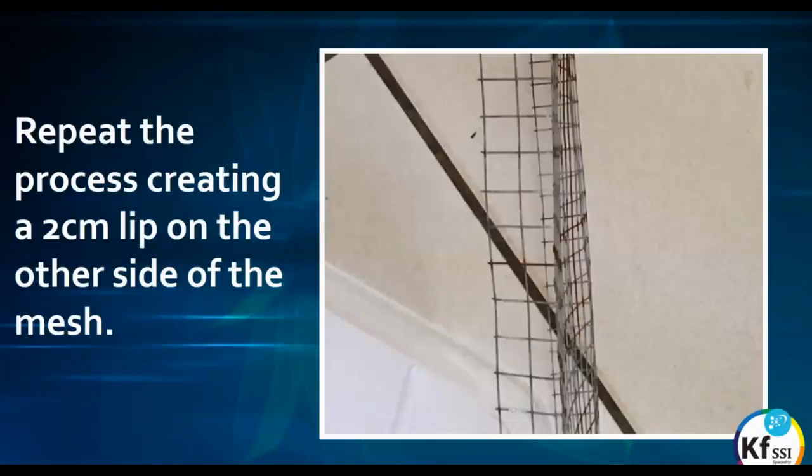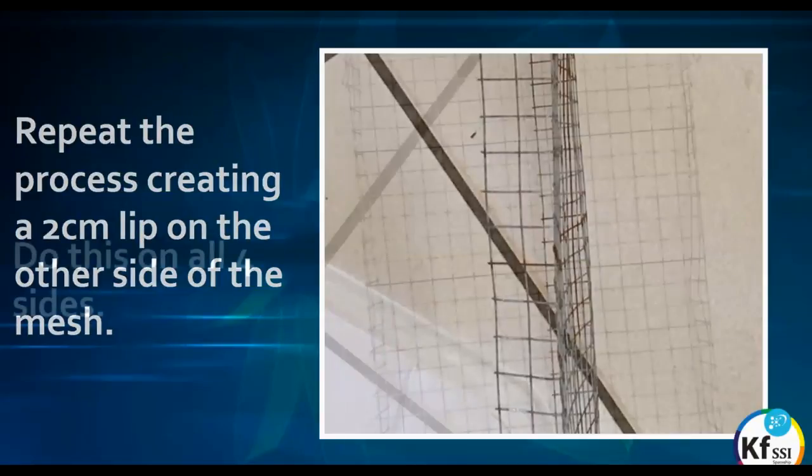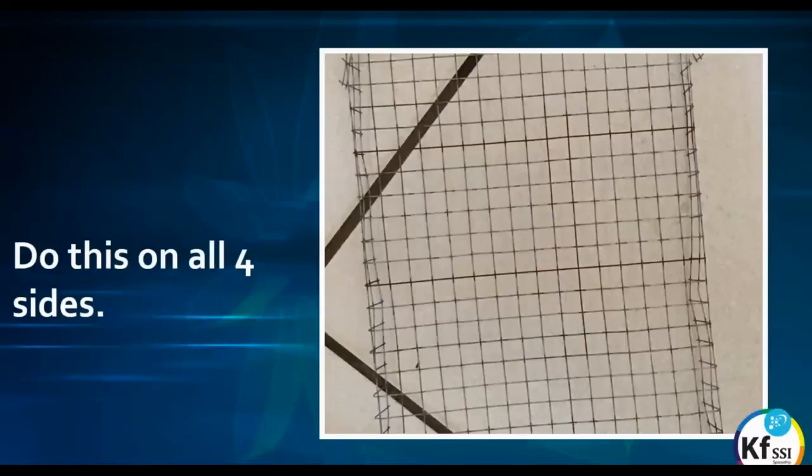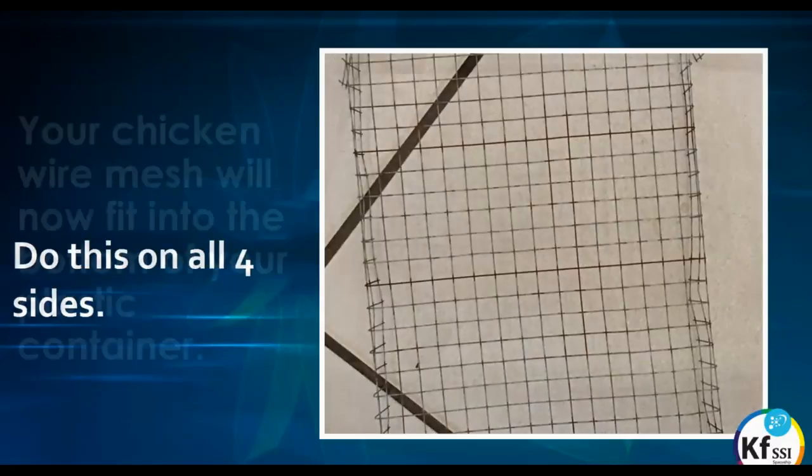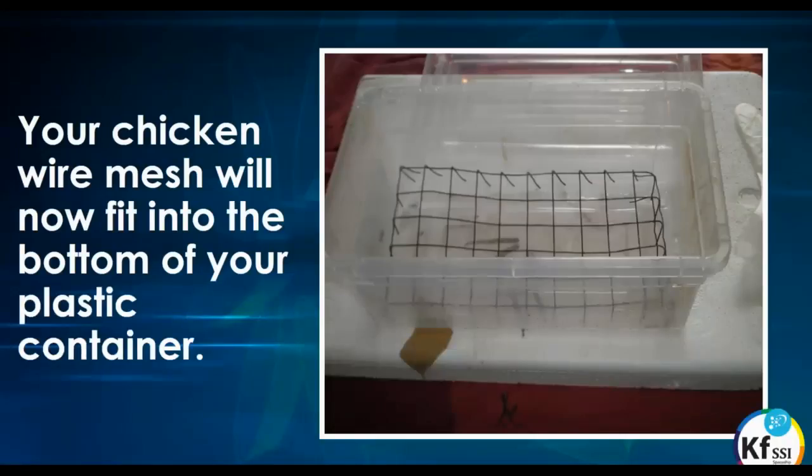And you just repeat this process on the other side, and eventually you do it on all 4 sides. So you're creating a nice box shape, and then that will fit into the bottom of your plastic container. So this is very easy to do, no problems.